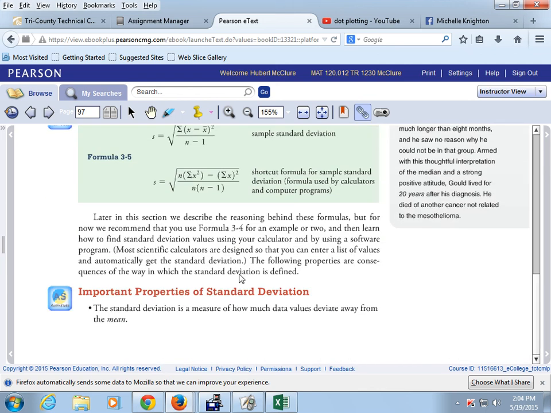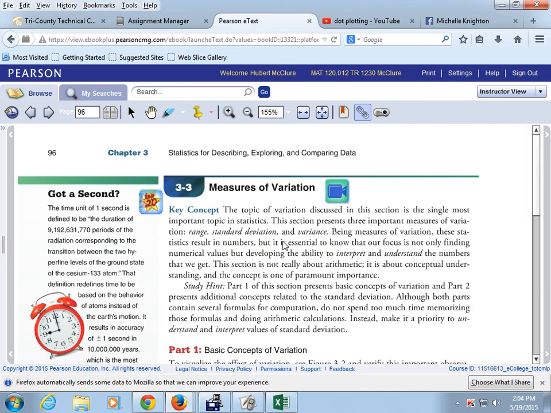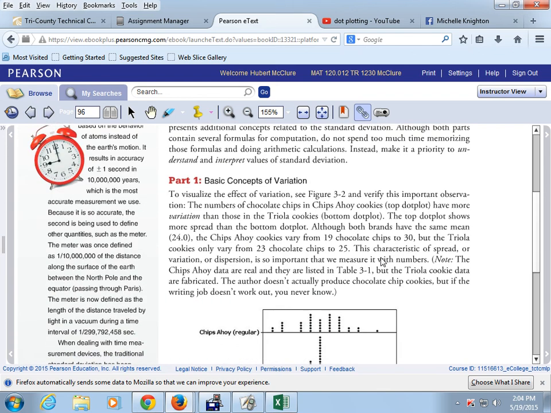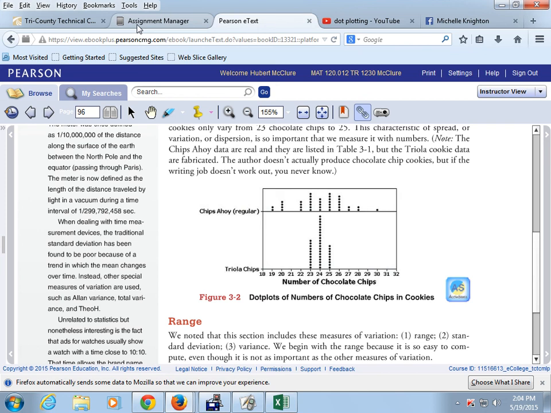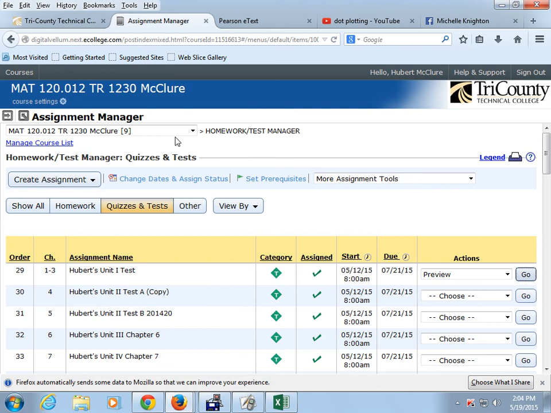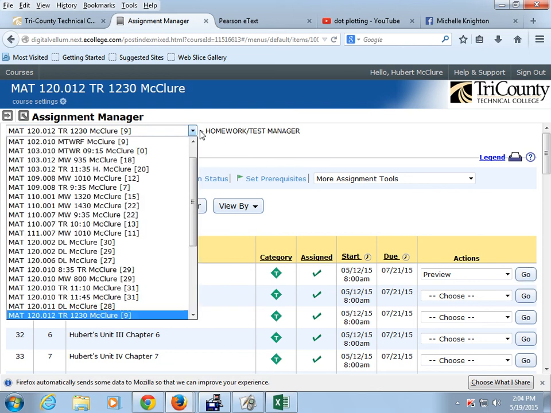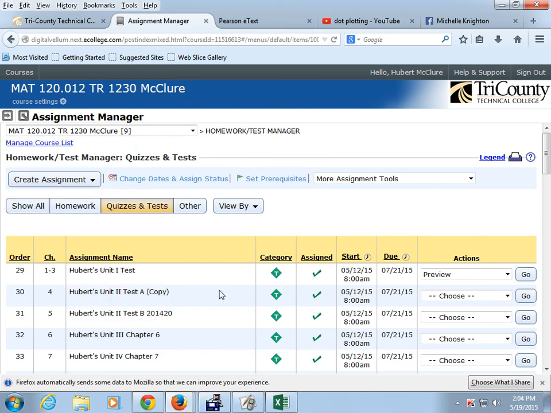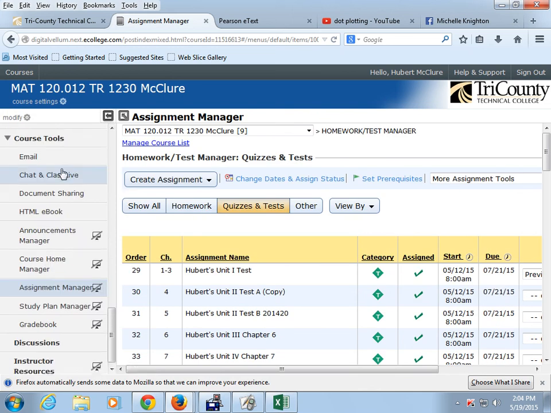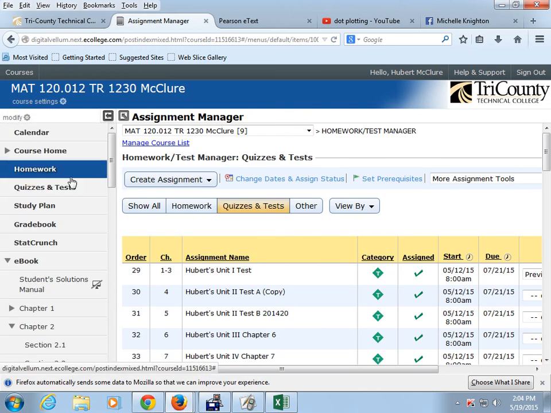That's not what I'm looking for. Let me go to section 3.3.